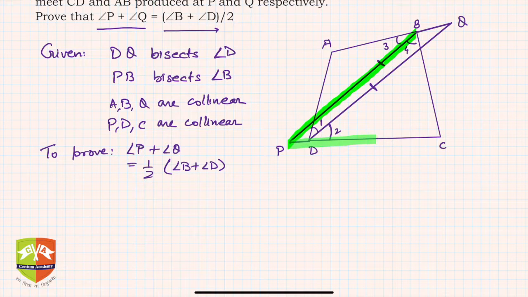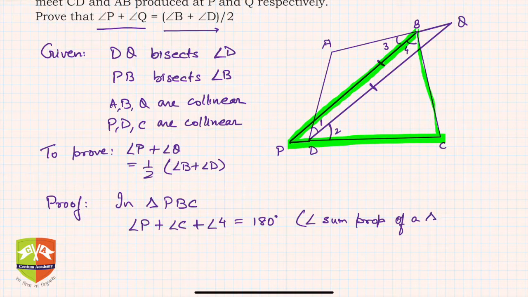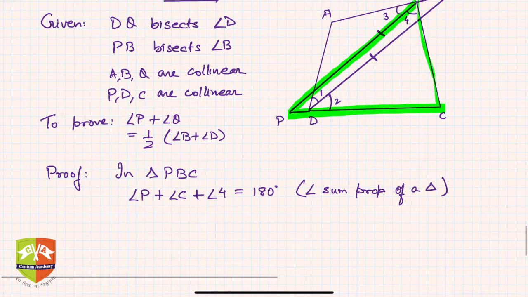Proof: in triangle PBC, I can write angle P plus angle C plus angle 4 is equal to 180 degrees, because of the angle sum property of a triangle.